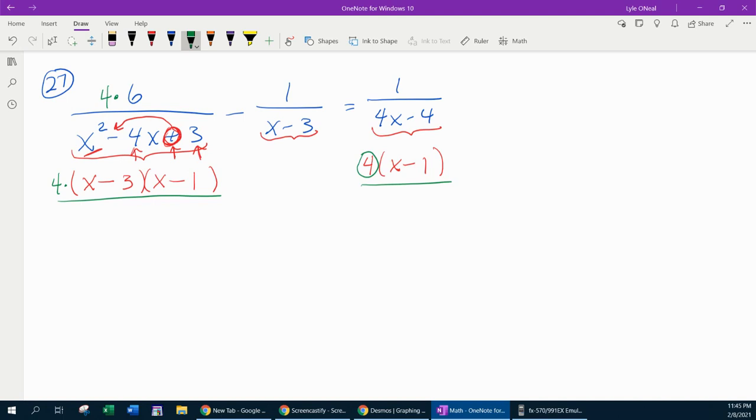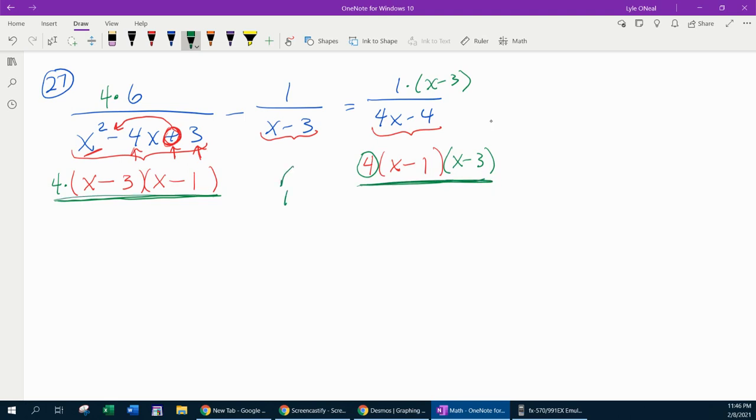Now, if you look at the first denominator and then the last denominator, notice that it needs the x minus 3. And so now both of those are identical. Oh, don't forget to give it to the top. x minus 3. And now we've got the first denominator and the last denominator looking the same.